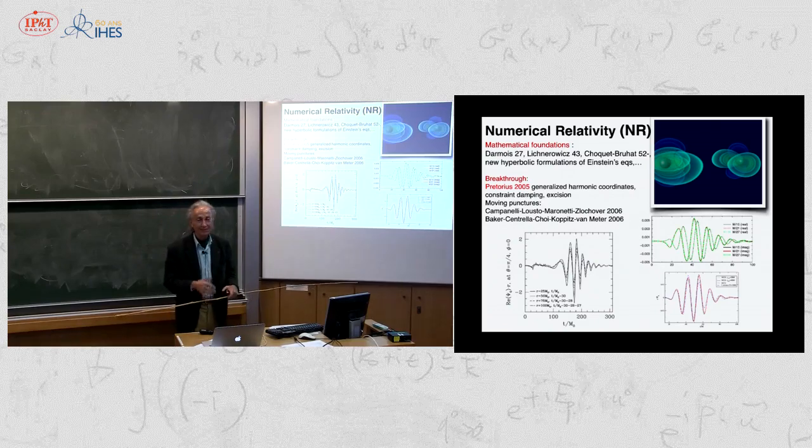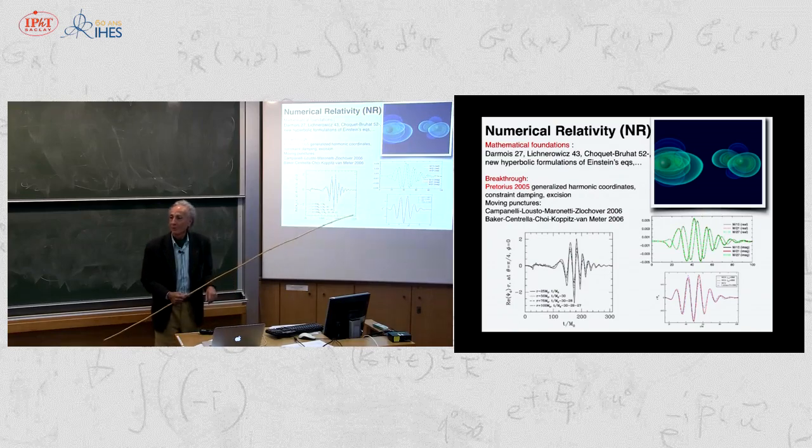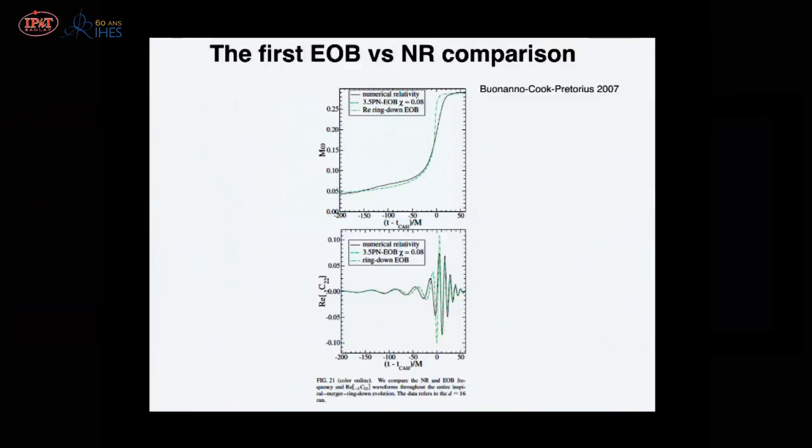People for 30 years tried to simulate two black holes. They wrote codes, and you launch the code, and the two black holes cannot even move, the thing crashes. But finally, a young postdoc, Frans Pretorius, alone in his corner at Caltech, was the first one to solve the problem. That was the breakthrough in 2005.